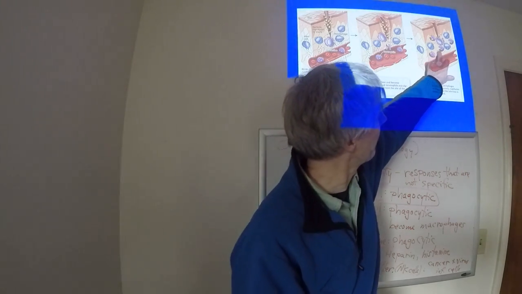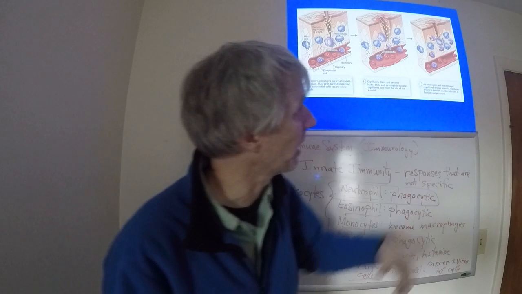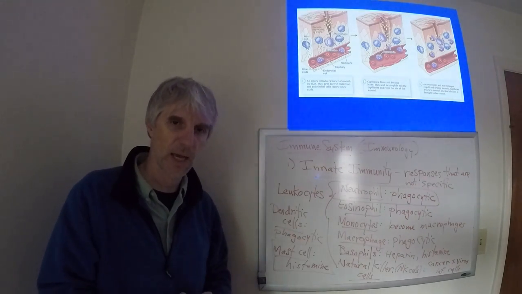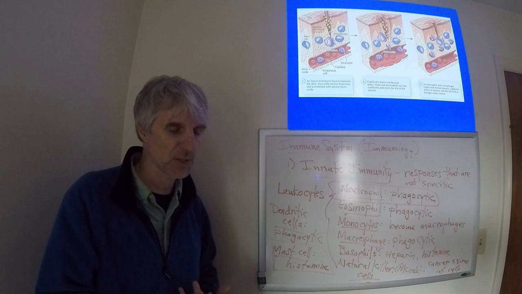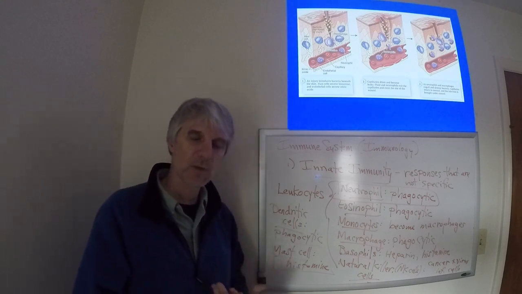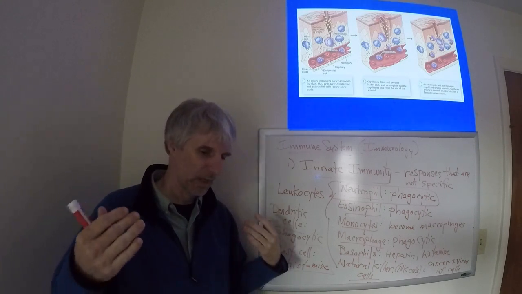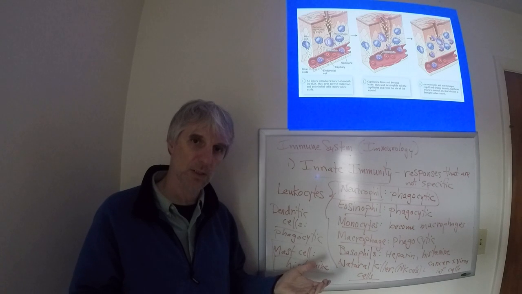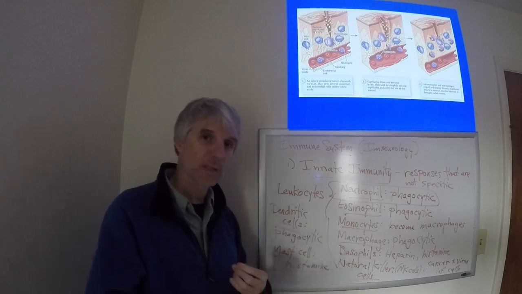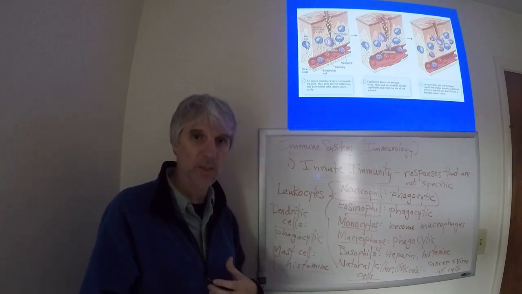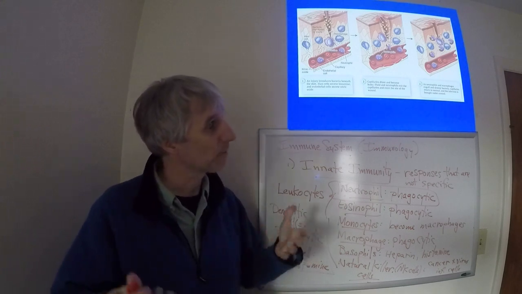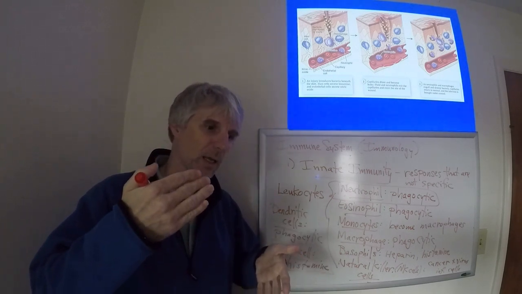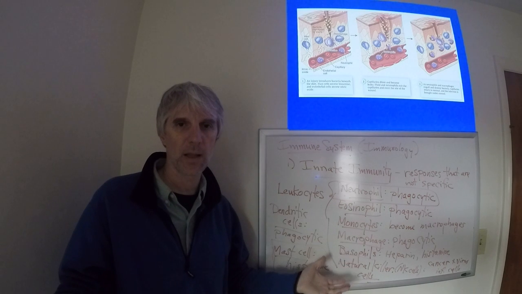And these neutrophils that are now in this area begin to phagocytize these bacterial cells. As they phagocytize them, they fuse them with the lysosome and chop them up into little pieces. And then we'll talk about the fate of those little pieces in a second when we talk about the other immune system. But for right now, they're getting rid of the bacteria by hydrolyzing all of the biological molecules.